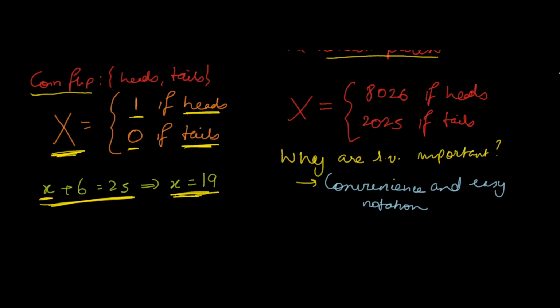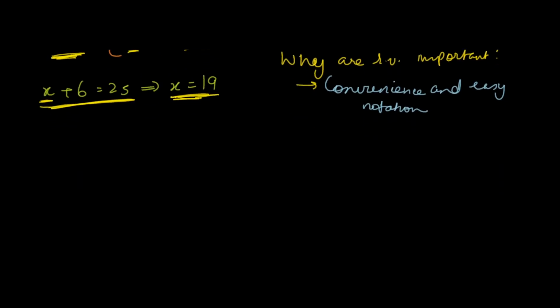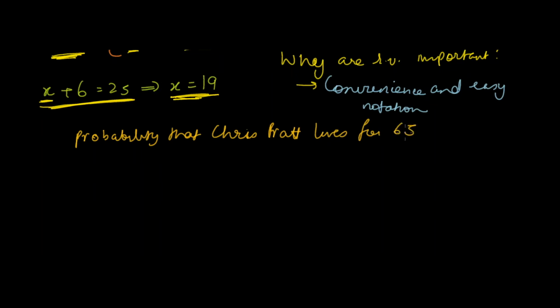So let me give you an example. Let's say that you were doing your analysis on Chris Pratt, and we want to look at the probability that Chris Pratt lives for 65 more years.